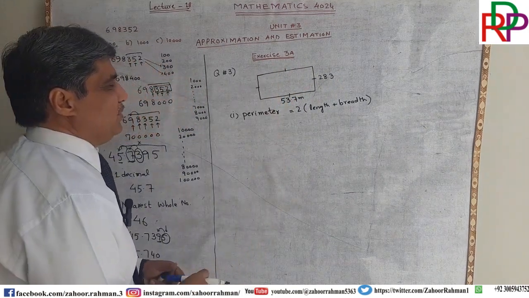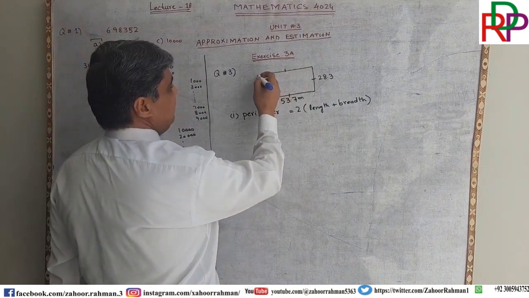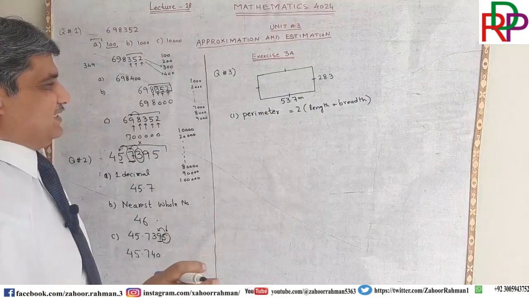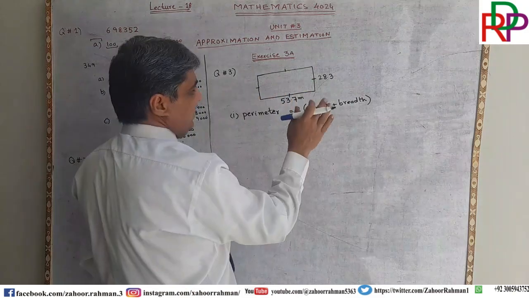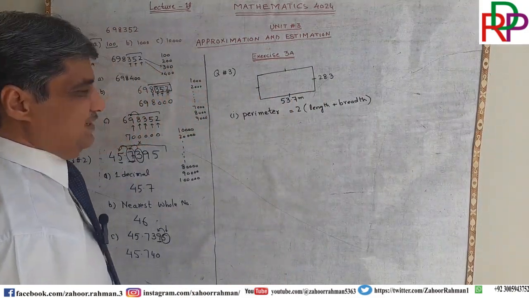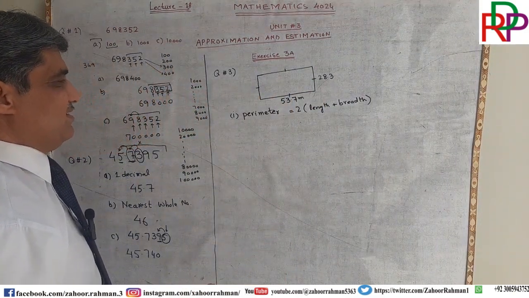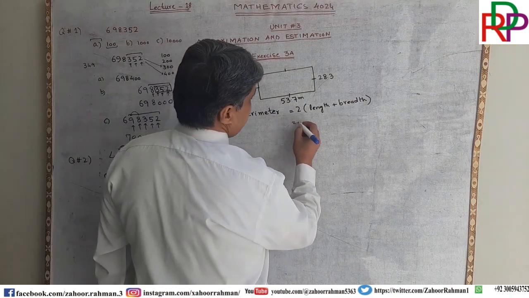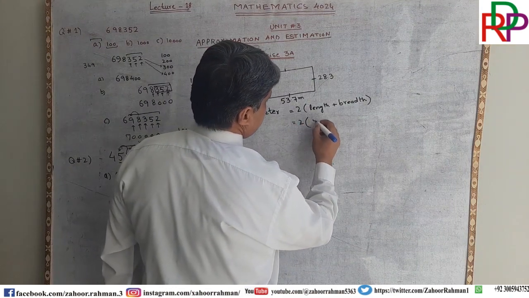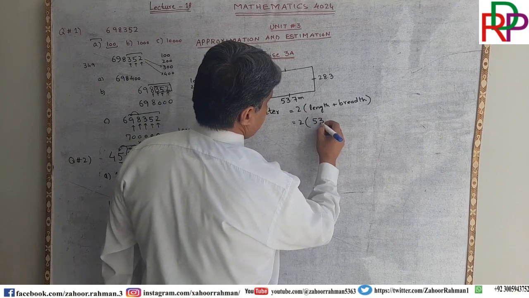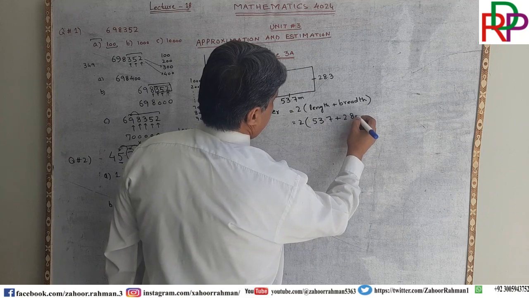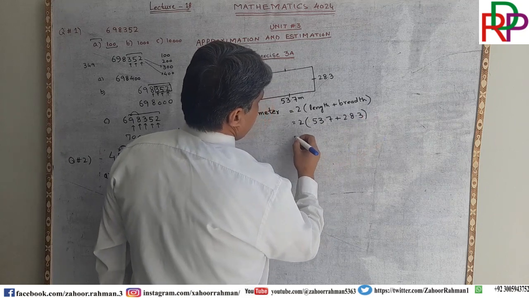Ladies and gentlemen, this will be equal to this because this is the definition of the rectangle, that opposite sides are equal in measurement. If they are not, then it is not a rectangle. So we write 2 and length is 53.7 plus 28.3.